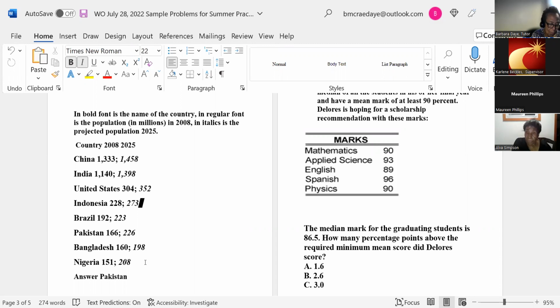One, two, three. So what did you get, Alva? What's the fifth largest when you put them in order? I didn't finish putting them in order yet, Ms. Barbara.